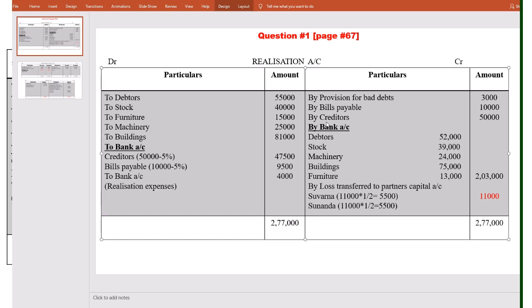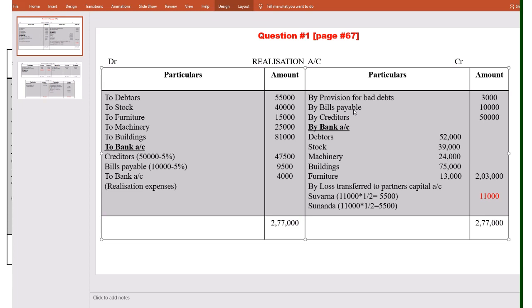Reserve fund, profit and loss, and these things will come in partners capital account, so we should not take them here. We should take PDD also. If anything is given as PBD or PDD, that is a loss paid by the firm, so it is considered as a liability only. So we are taking it in the liabilities, along with provision for bad debts also. First thing is done. We have taken all the assets on this side and all the liabilities on this side.